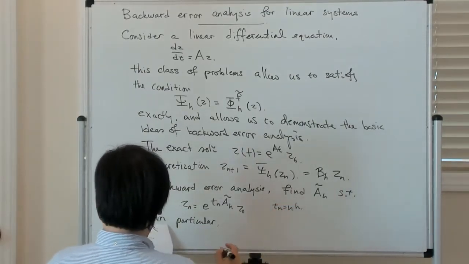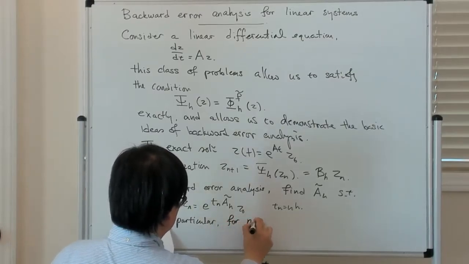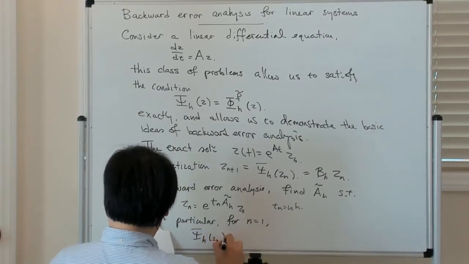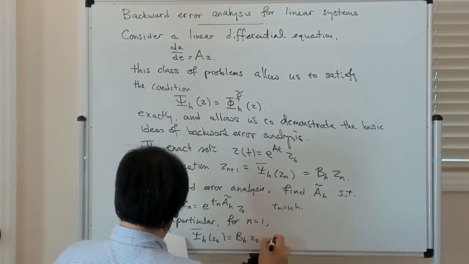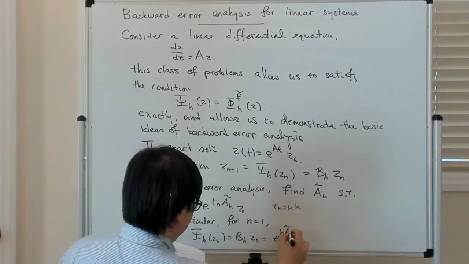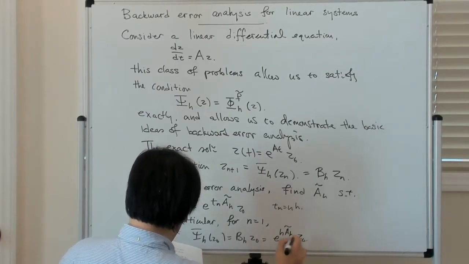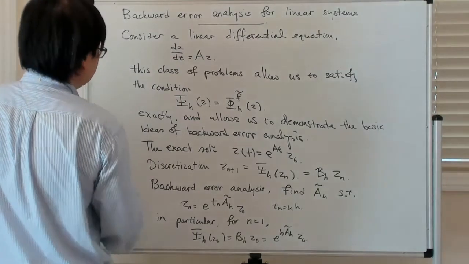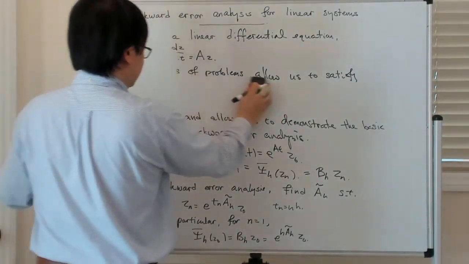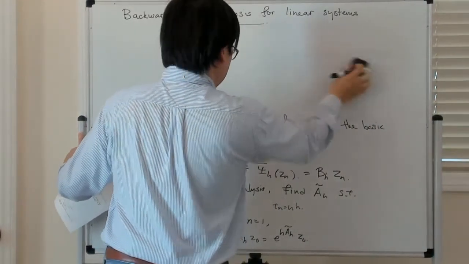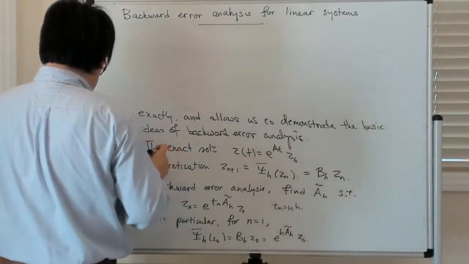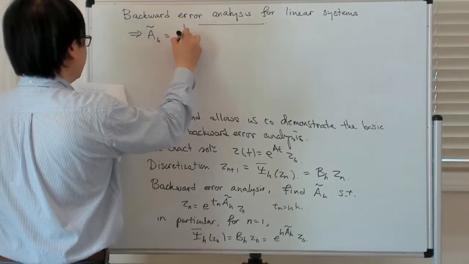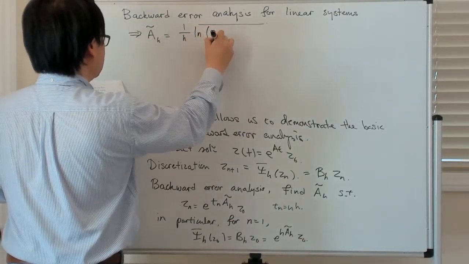In particular, for n equals 1, we have that the one-step method applied to z0 is just B_h z0, which has to be e^(h A_h tilde) applied to z0. So that allows you to solve for what A_h tilde has to be. Maybe not too exciting, but it's easy to show. So this implies that A_h tilde is equal to 1/h times the natural log of B_h.